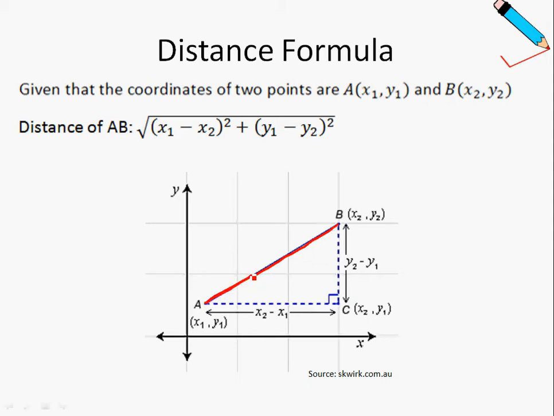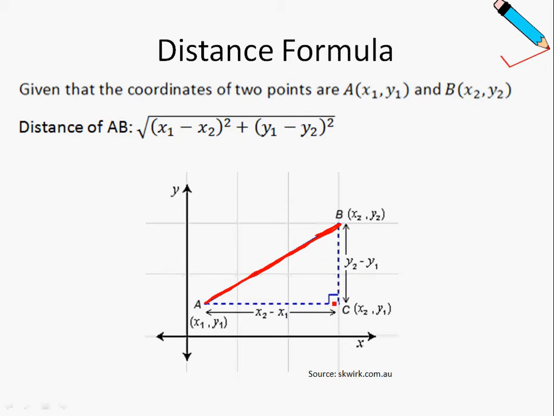In order to find the distance, let us first plot it onto a piece of graph paper, which is essentially my xy Cartesian plane. Then we realize that we can find distance AB using Pythagoras theorem. But before we do that, we must first drop a dotted line over here to make a right-angled triangle.